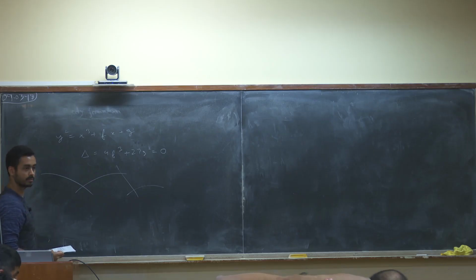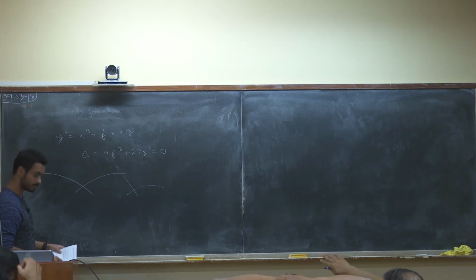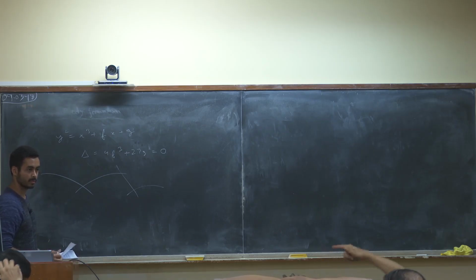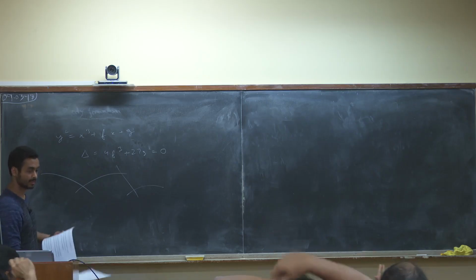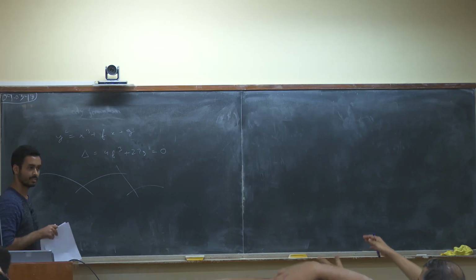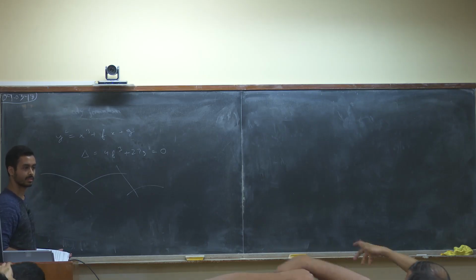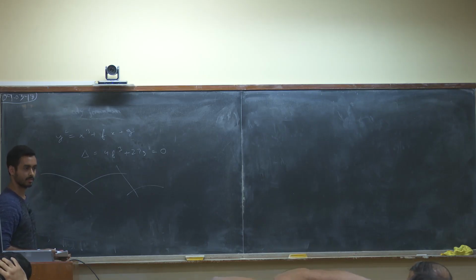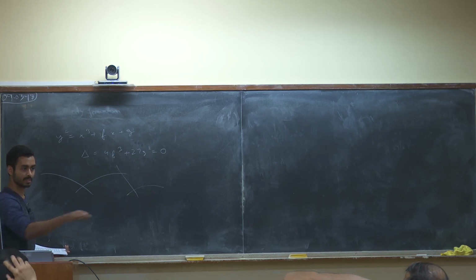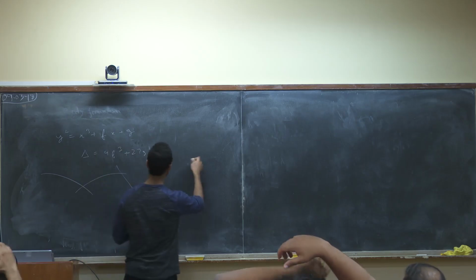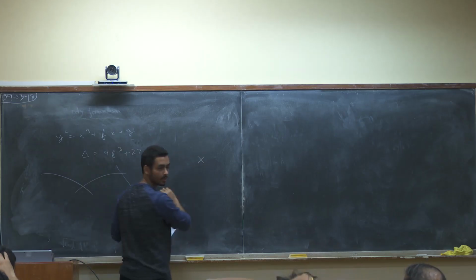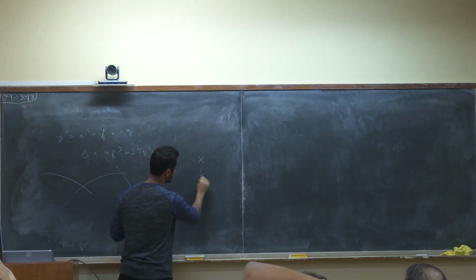So F theory can be thought of as type 2B theory compactified on a torus. Sorry, 2B theory is F theory on a torus, yes. And the coupling constant is variable over the torus, right? Over the base. So you're compactifying type 2B on some base. We have an elliptically fibered Calabi-Yau threefold, and there is some base.